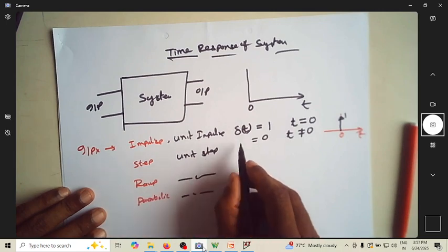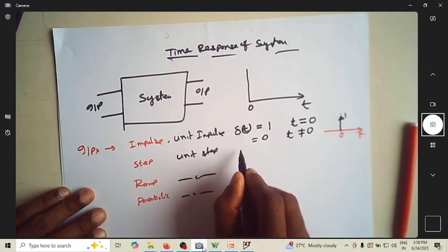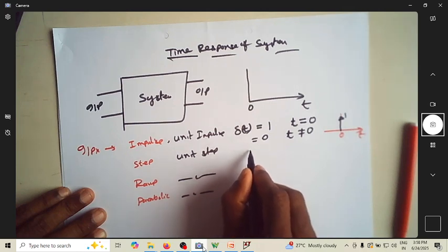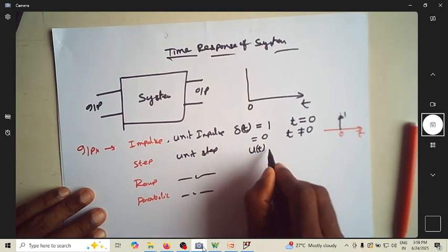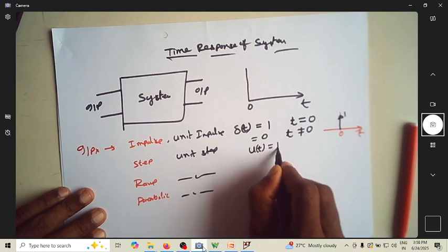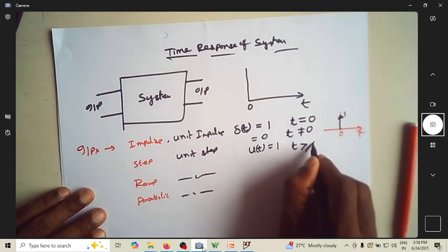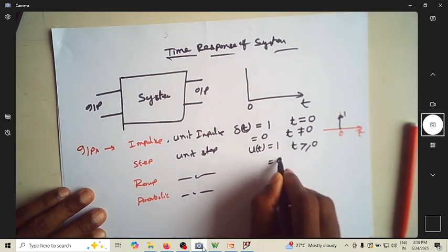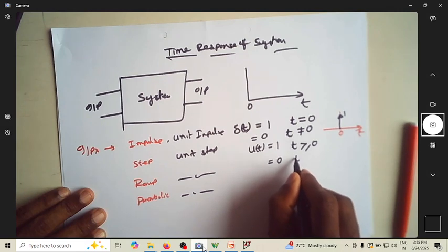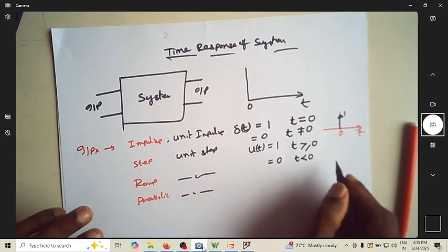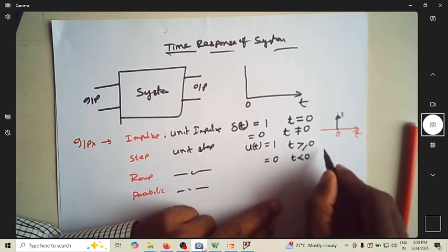When it comes to unit step input, you write it as u of t, and it is equal to 1 for all values of t greater than or equal to 0, and its value is 0 for all values of t less than 0.